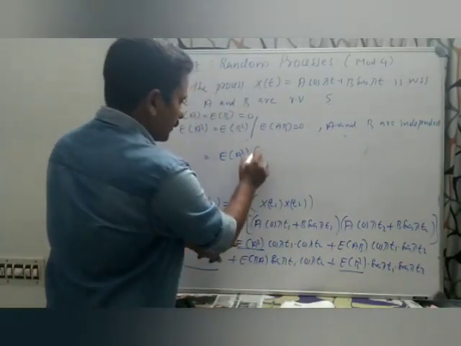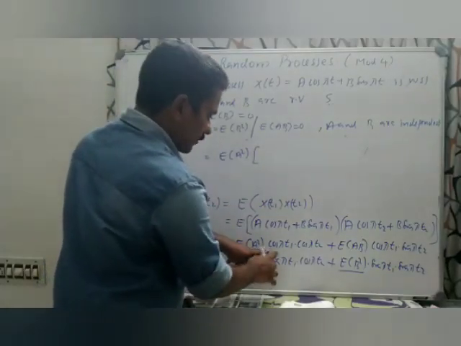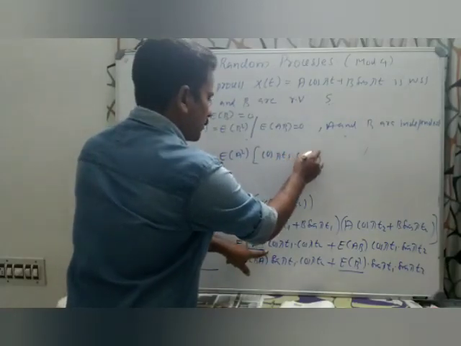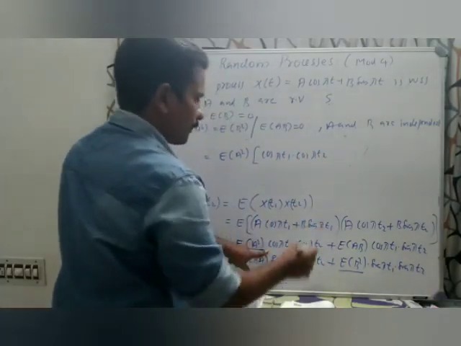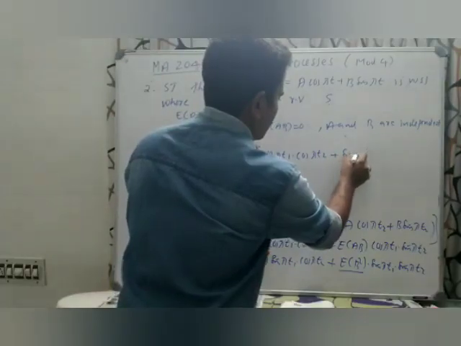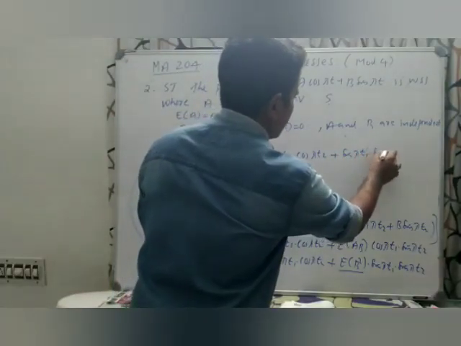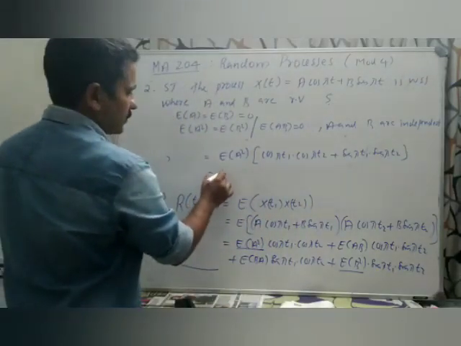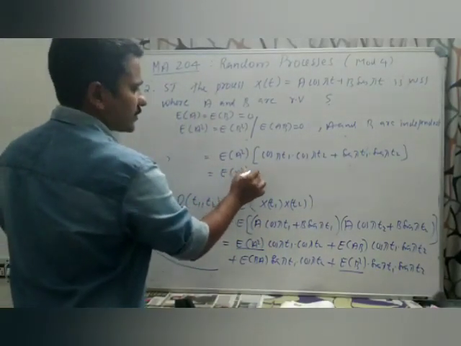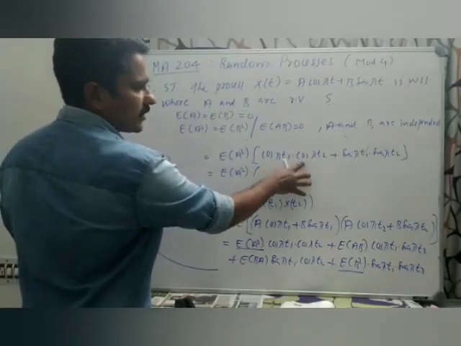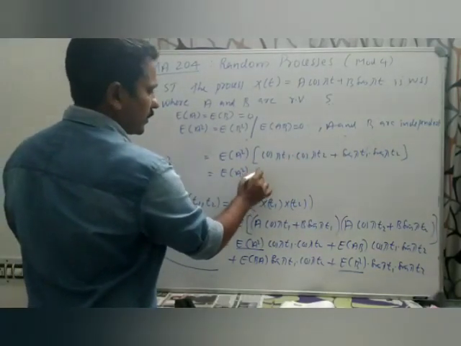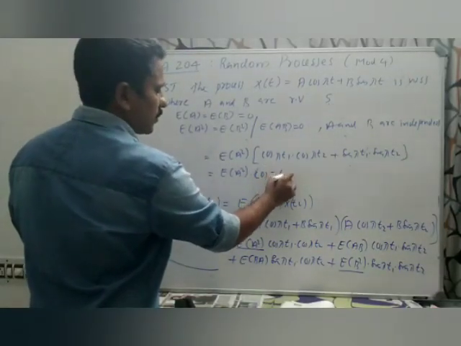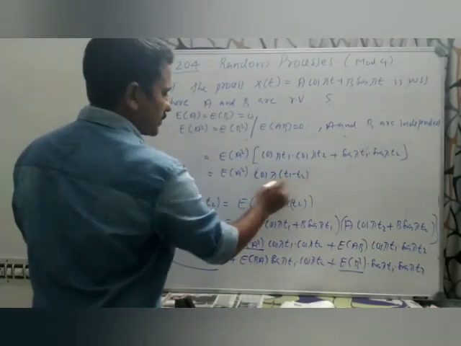Okay, so that takes out and you will get cos lambda t1 cos lambda t2 plus sin lambda t1 sin lambda t2, right? So this is expectation of a square times, and this is cos A cos B plus sin A sin B, nothing but cosine of lambda t1 minus lambda t2, or lambda times t1 minus t2.